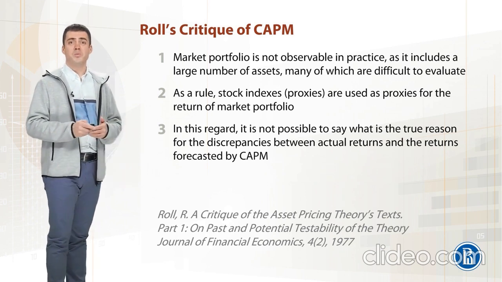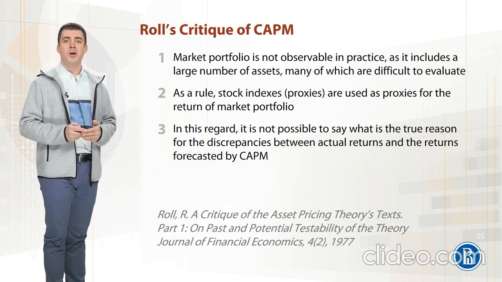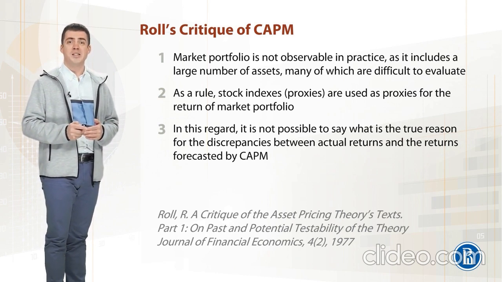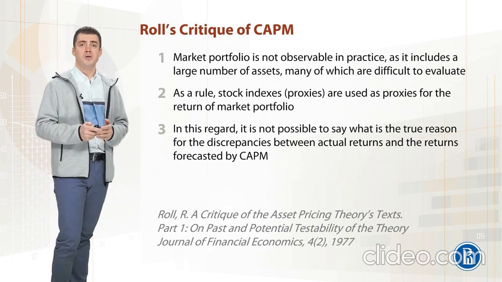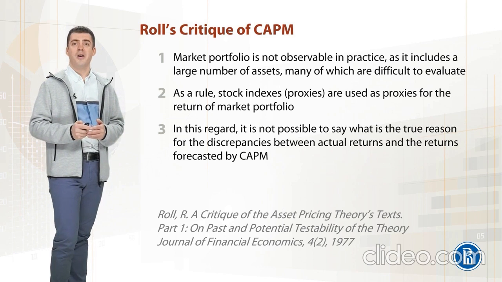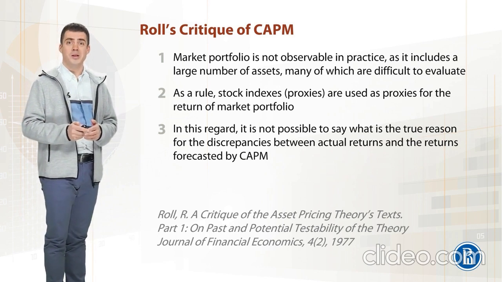That means that practically the market portfolio is not observable, as it includes a big number of assets, and most of these assets are very difficult to evaluate, especially on a daily basis.